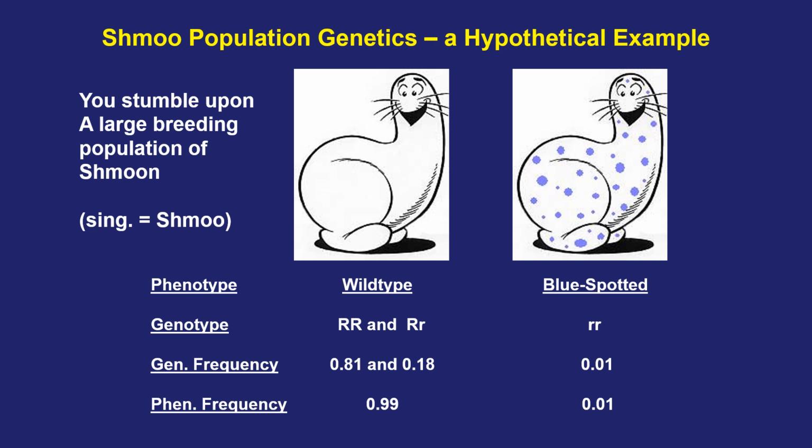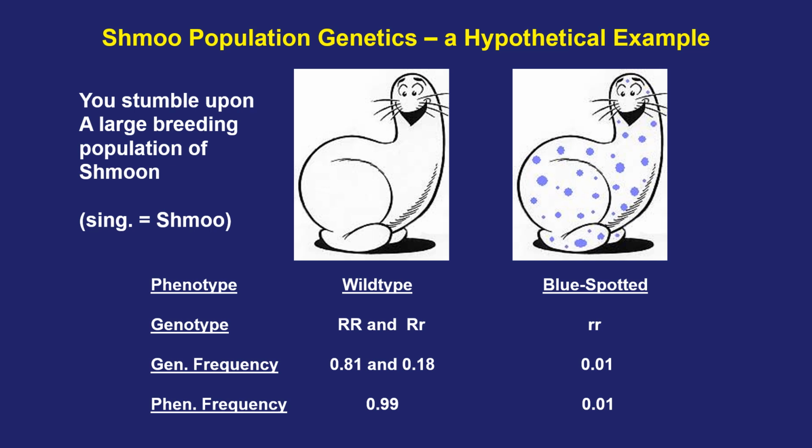But then we also have a small number of blue spotted shmoon. The wild type is going to be homozygous dominant or heterozygous. So again, we've got one gene that's totally dominant to a recessive gene, and the blue spotted shmoon are the product of a homozygous recessive condition.